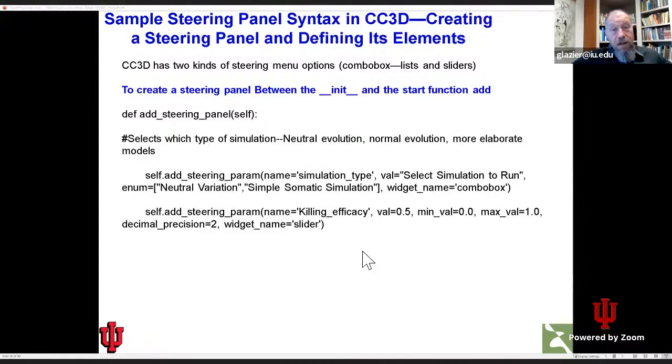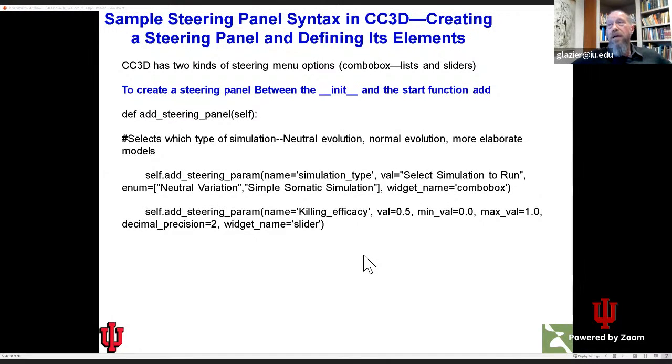In principle, there are a lot of different steering panel options. And if people have used NanoHub, Tellurium, or Jupyter Notebooks, you'll know IPy widgets gives you all sorts of steering options. CompuCell only implements a couple of them.